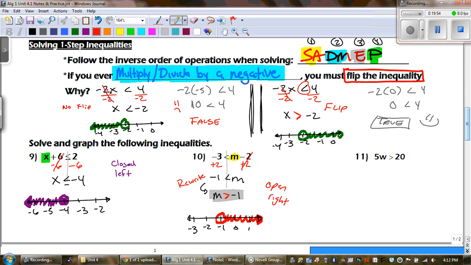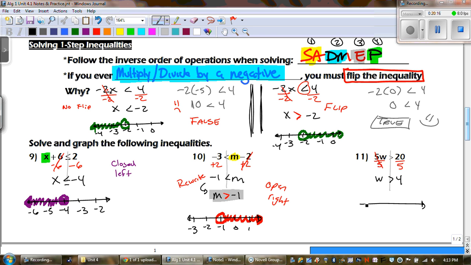Okay, number 11. How do we get the W by itself? Well, we divide. Now, was it by a negative? No, we're dividing by a positive. So if we're dividing by a positive, it stays. Okay?